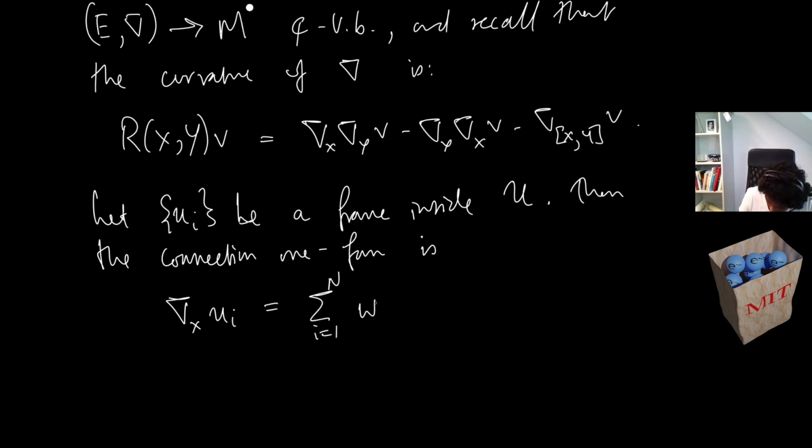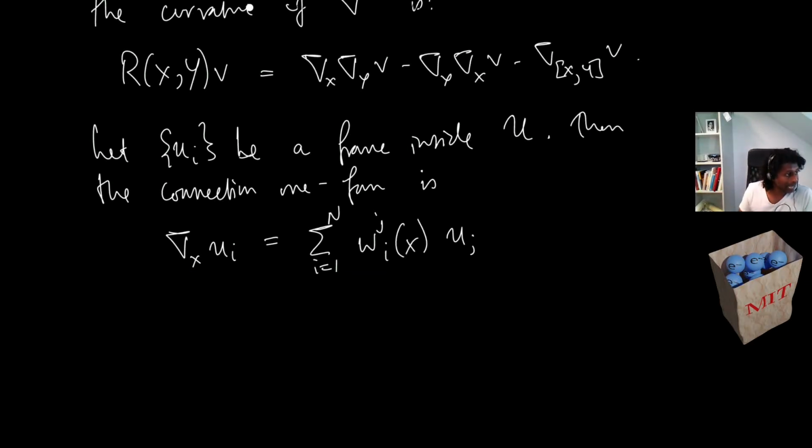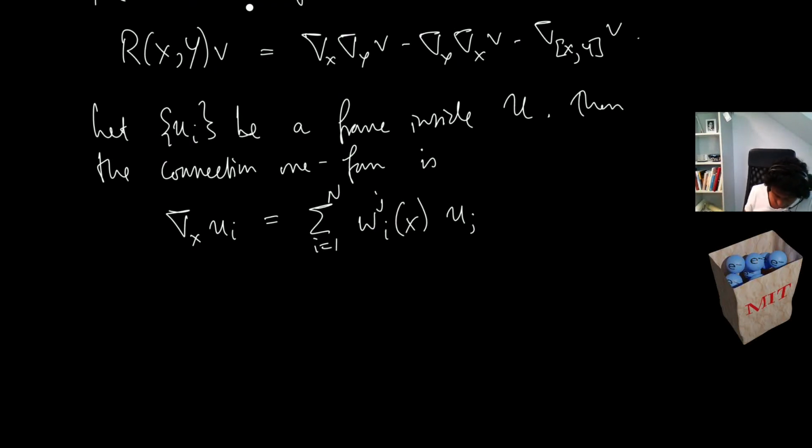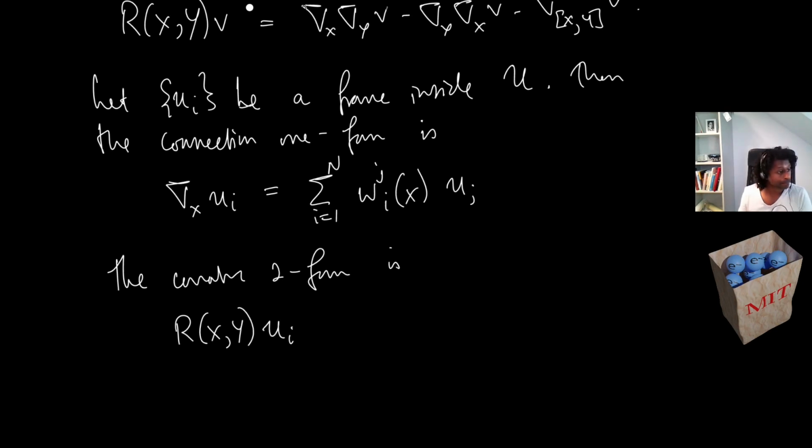Okay, so this is omega^j_i(X) acting on U_j. Okay, and also we have a curvature 2-form. The curvature 2-form is, so R_XY U_i is the sum over j equals 1 to n of this omega, now j_i(X,Y) U_i.